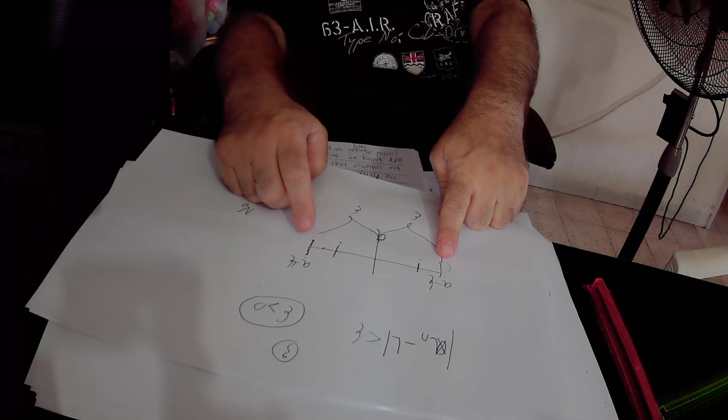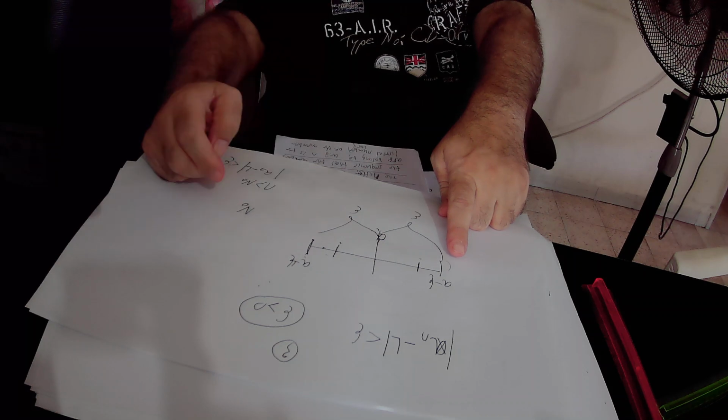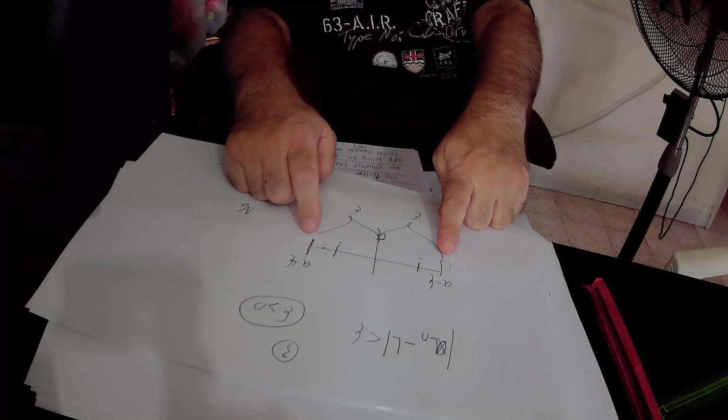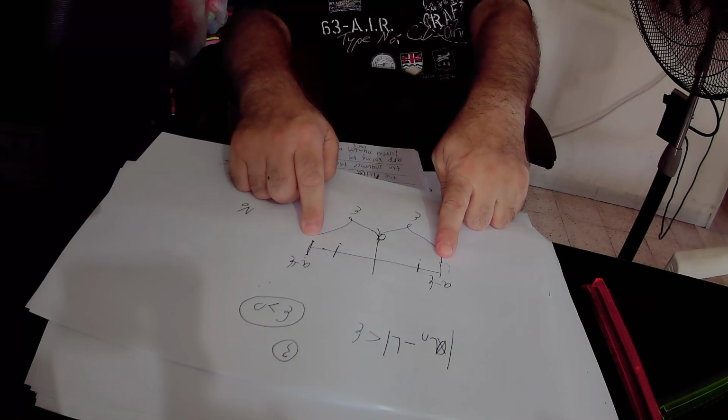That is to say, infinite members must be located between those two brackets.